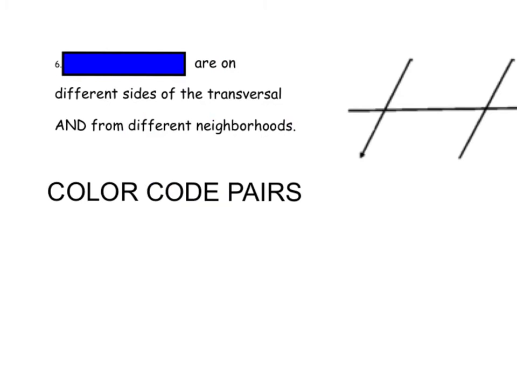We need to know the word alternate. Alternate angles are on different sides of the transversal and from different neighborhoods. So don't worry about color coding. I did.